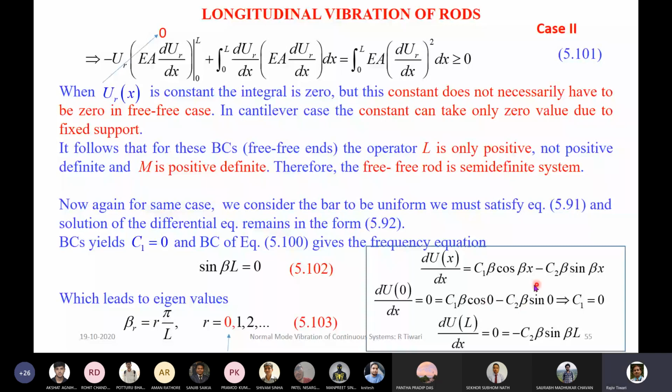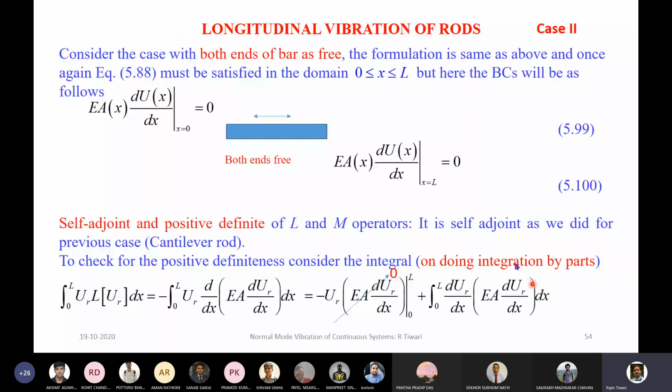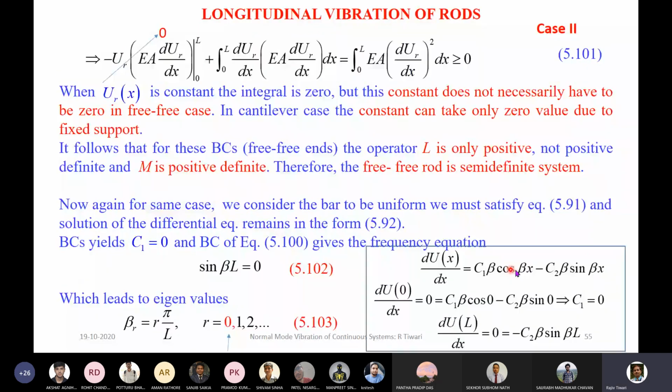So C1 is 0. Then at x equal to L, in the remaining part, removing the C1 part, we get C2 beta sin(beta L) equal to 0, because that is also a free end.